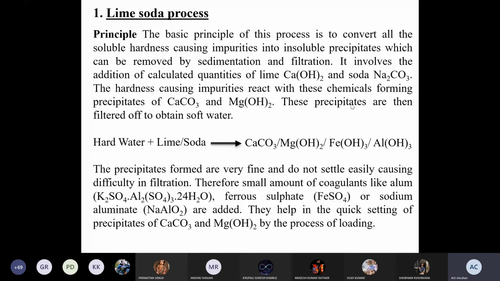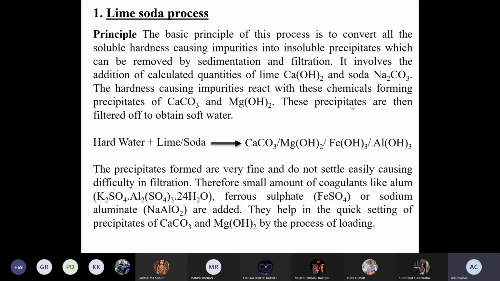The principle of the lime and soda process is that hardness producing salts are dissolved impurities. You cannot observe the impurity by simply looking at the water, or with your eyes only detect whether the water is hard or soft, because the impurities are totally dissolved.